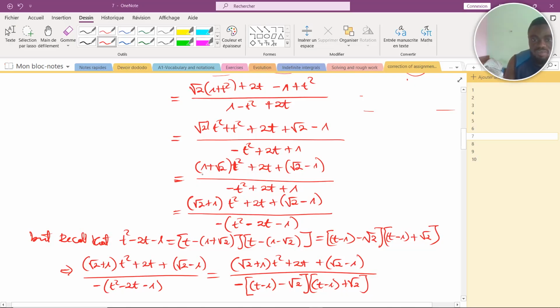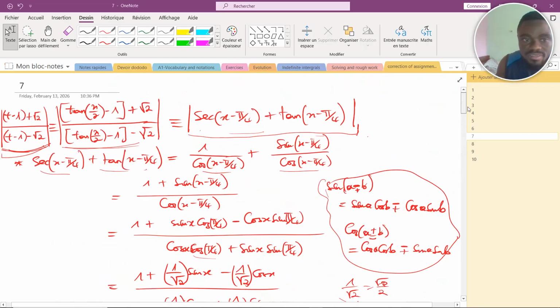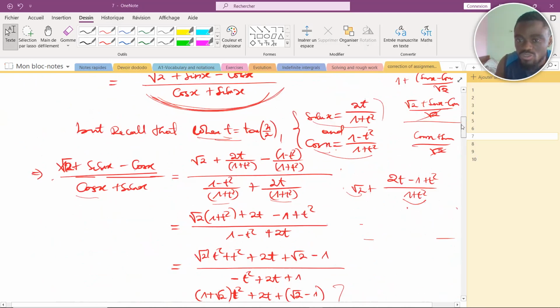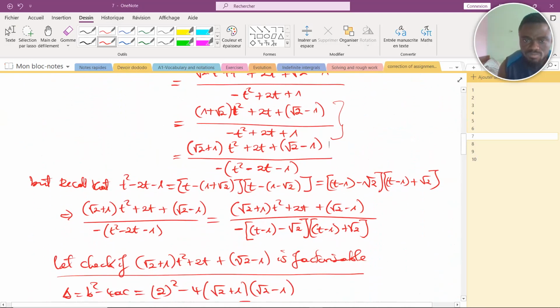So you see that you have a quadratic expression here and you have a quadratic expression here. Our main problem now is to show that this expression will simplify down to this. Is that okay? How are we going to do that? It's very simple. This is a quadratic expression. My aim is to see if this is factorizable, and I'll factorize it.